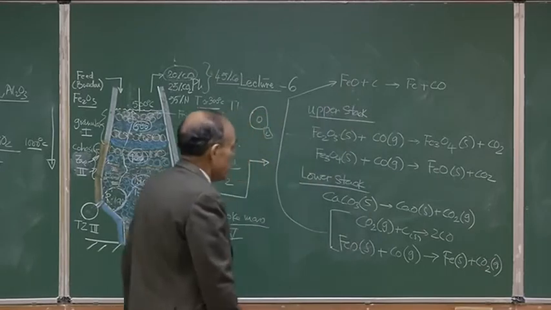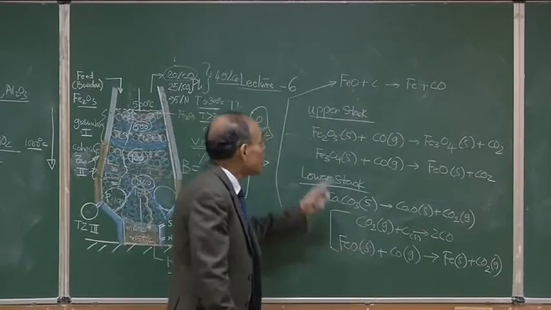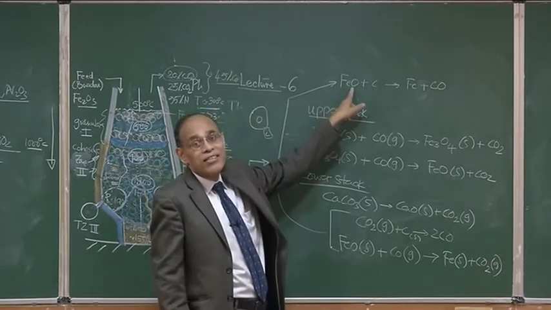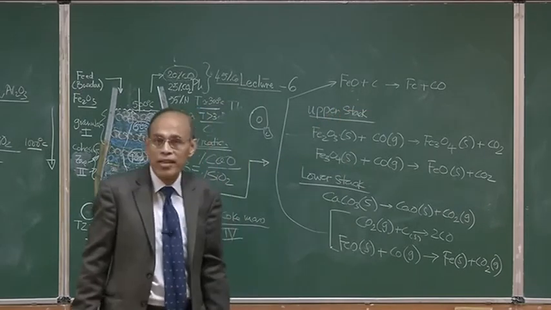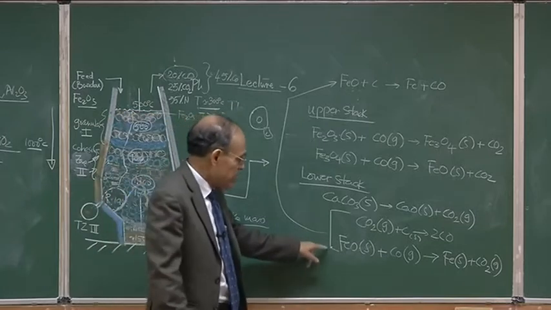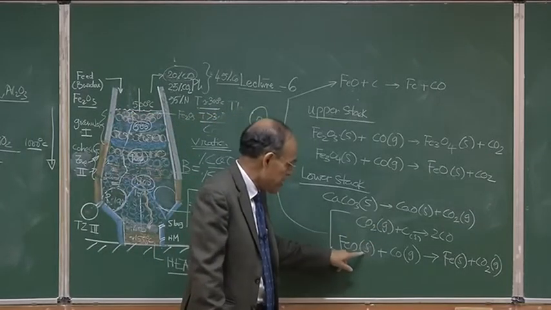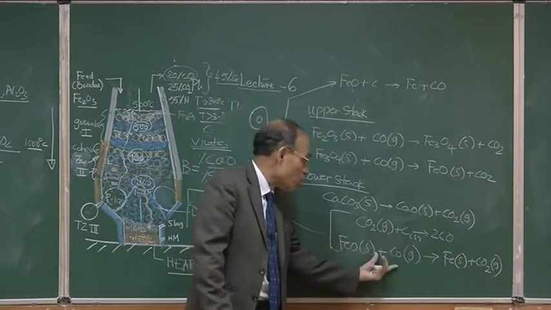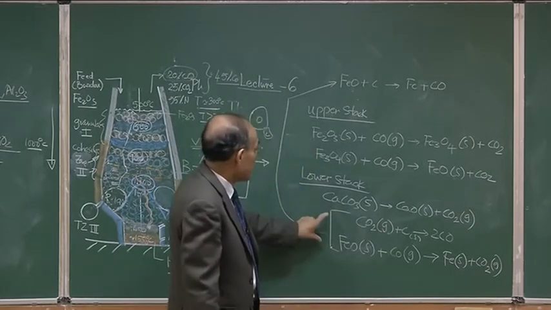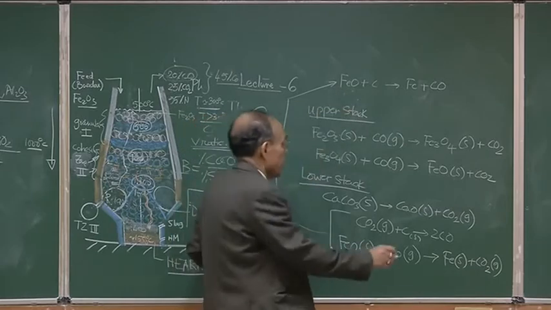to this. Now, this reaction is called the direct reduction reaction, and it is a highly endothermic reaction. On the other hand, this is an endothermic reaction and this is an exothermic reaction. The endothermicity is stronger than the exothermicity, and that is why the net combination becomes an endothermic reaction.